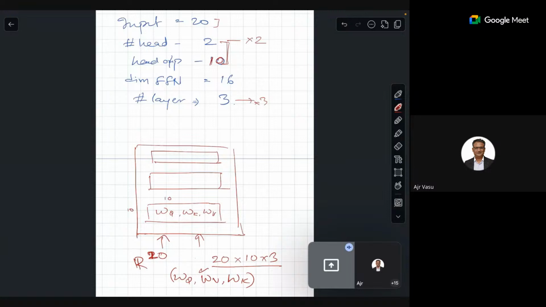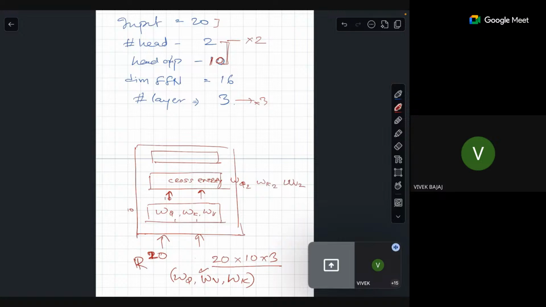Now what happens after this? This is the cross-attention part. What parameters do we have there? We have another set of W matrices: here we had 1, 1, 1, here we have 2, 2, 2: WQ2, WK2, and WV2.